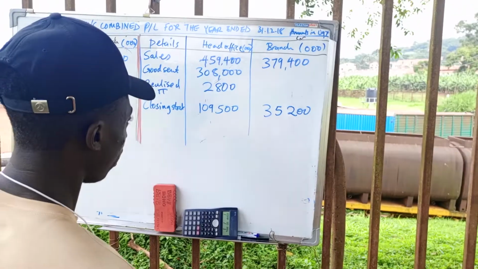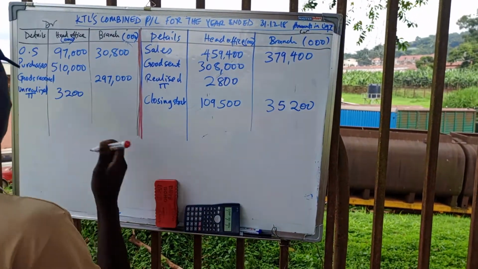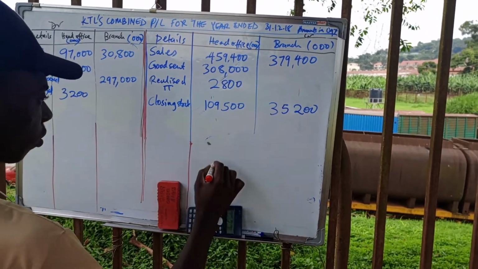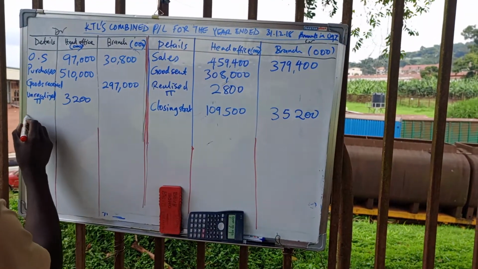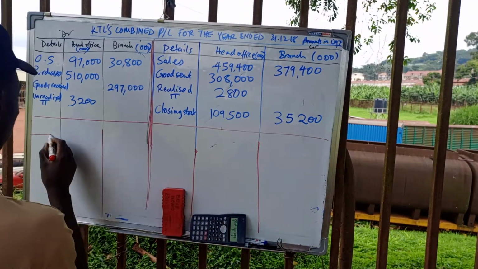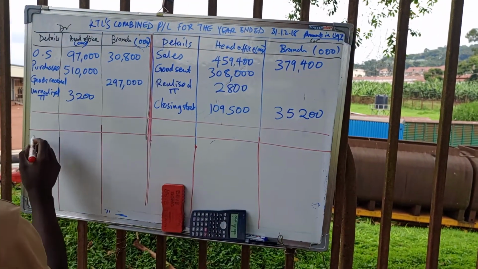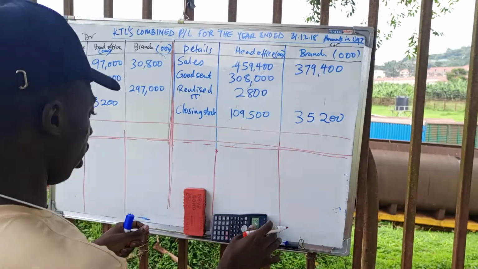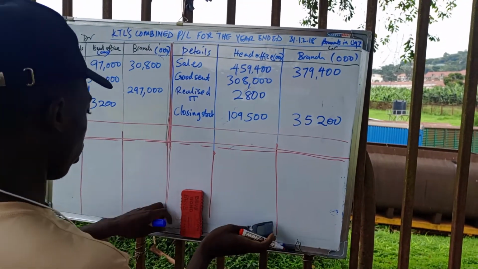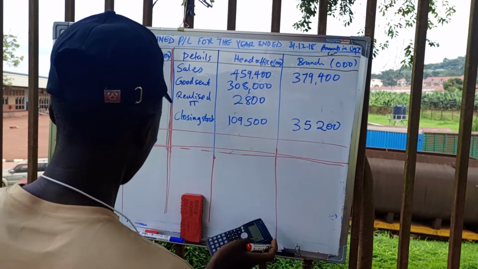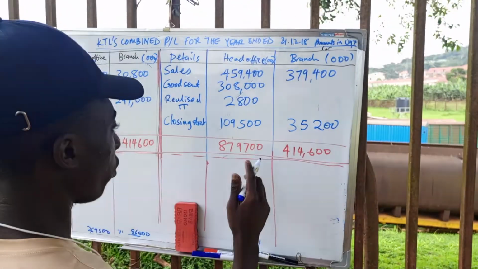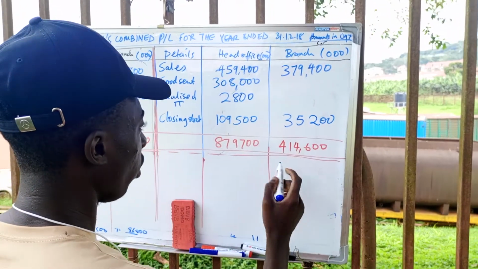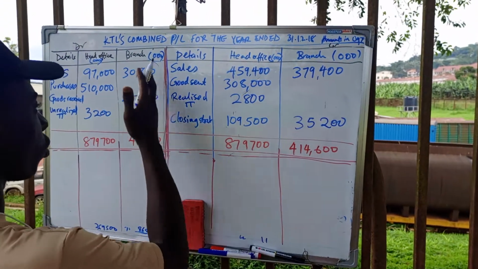So at this point I can establish my gross profit by balancing off. When you balance, you balance the branch column with this branch column this side. This side is greater when you compare the columns.